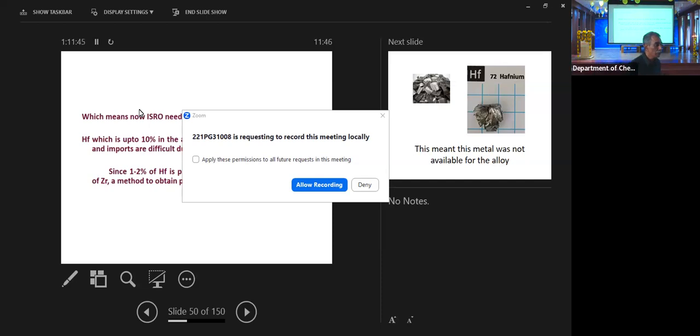Nuclear Fuel Complex is a big one in this country, which produces zirconium. Today you are celebrating the Chandrayaan, but where did these things come from? NFC is extracting zirconium, but they didn't bother about hafnium which comes with the zirconium. You know that zirconium and hafnium exist together, right?